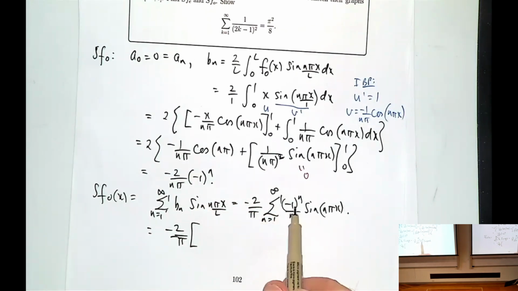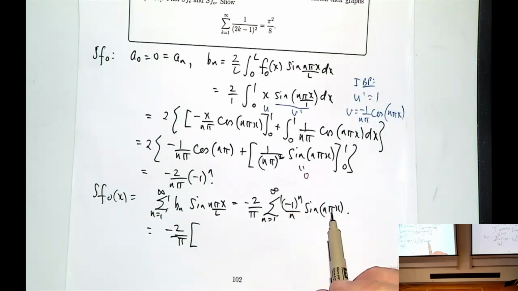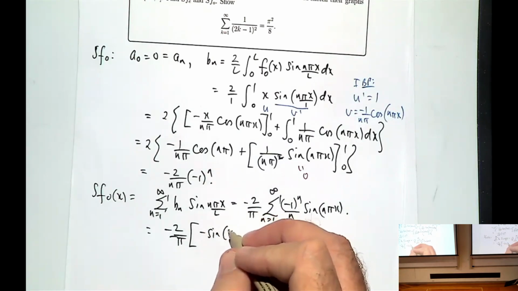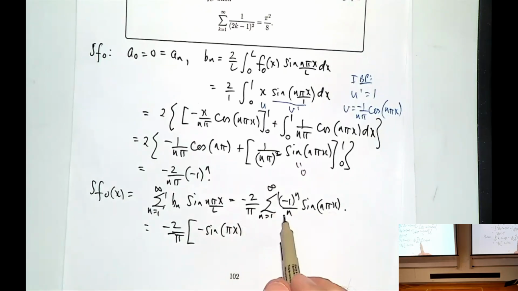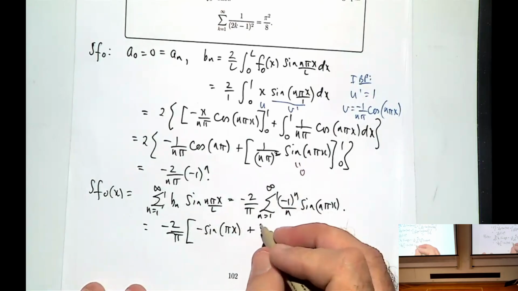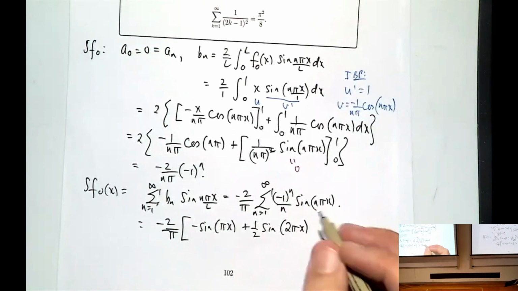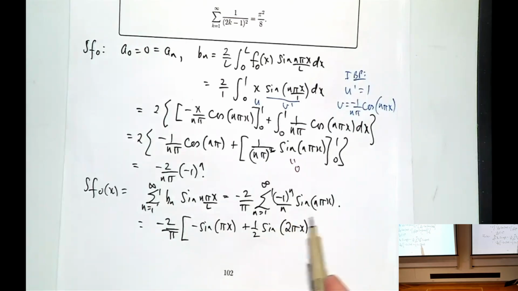Okay, so for n equals 1, I'm going to get negative 1 here, right? And then sine of pi x. Okay, so for n equals 2, I'm going to get 1, positive 1 there and a 2 down there. And then for n equals 3, I'm going to have another sign change.